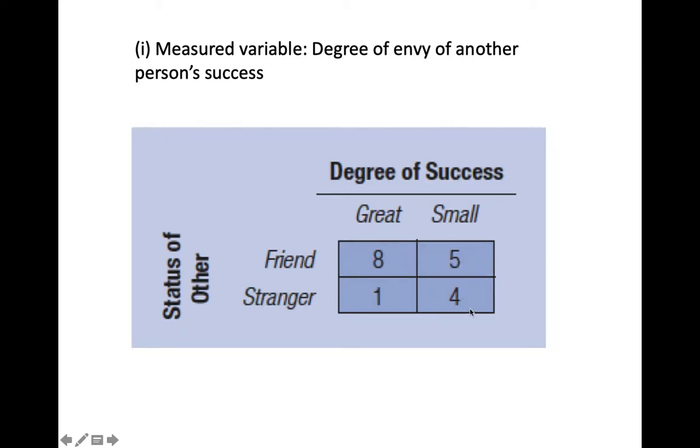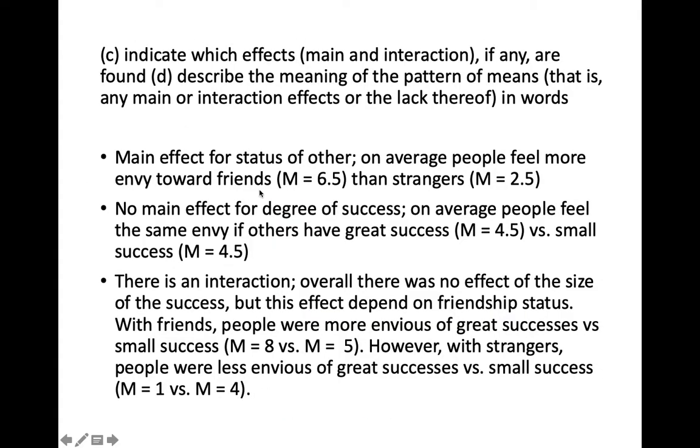Marginal mean for stranger is 2.5. We got that by just averaging 1 and 4. 1 plus 4 is 5, divided by 2 is 2.5. Okay, so 6.5 and 2.5 are the marginal means associated with friends and strangers. Okay, so we can say that overall, on average, we feel more envy towards friends than we do strangers. So yes, there is a main effect.